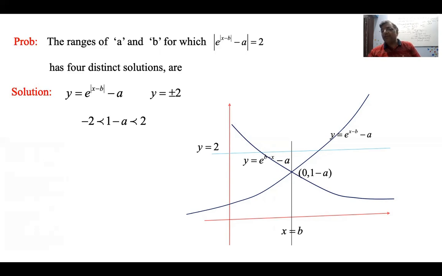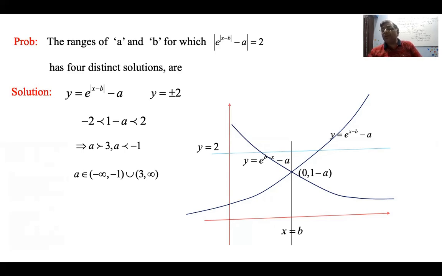You can imagine that. That is, 1 minus a must be less than 2 and greater than minus 2. Then from that, a will be greater than 3 or a will be less than minus 1. So the range of a will be minus infinity to minus 1 union 3 to infinity.